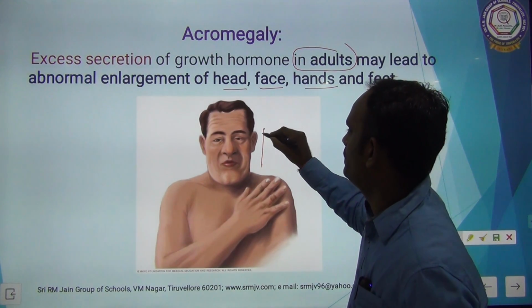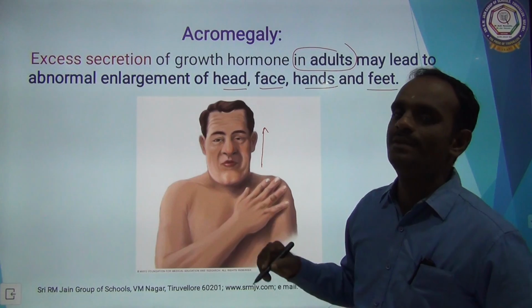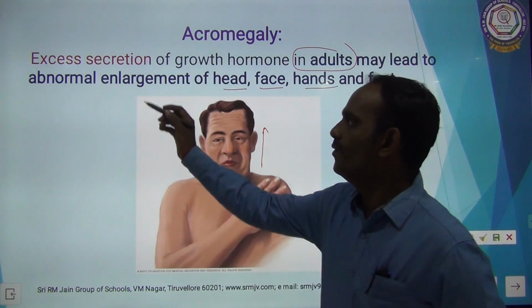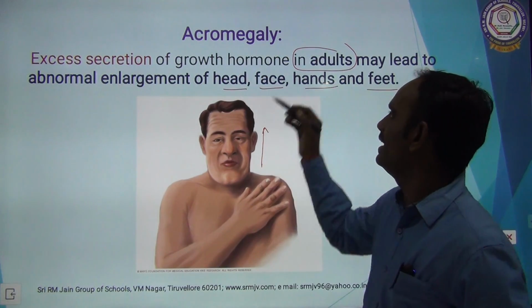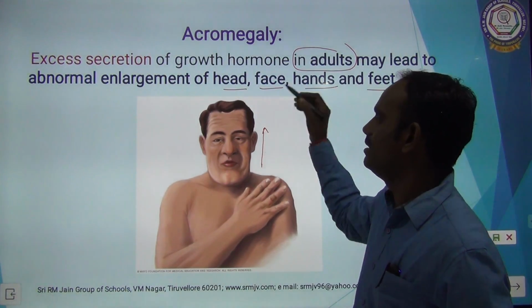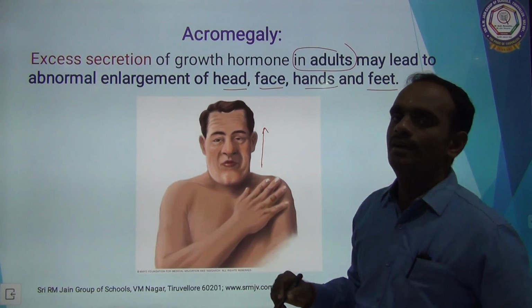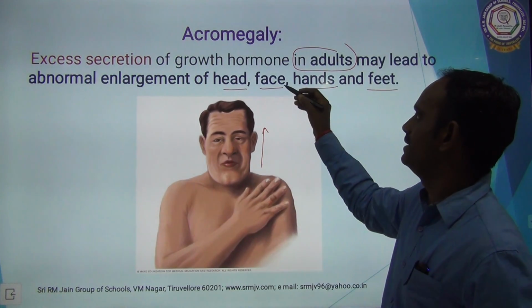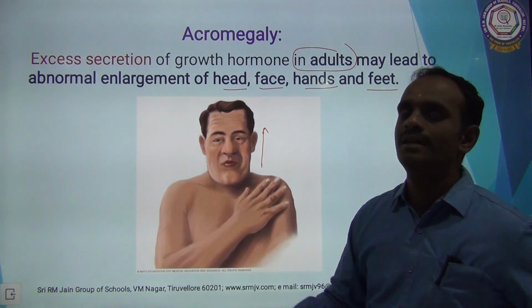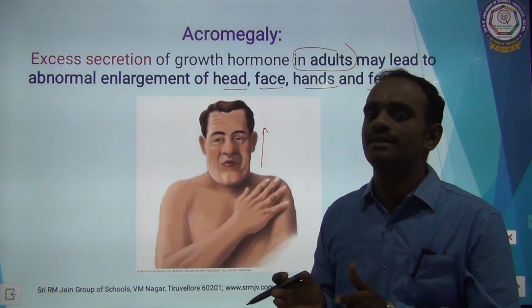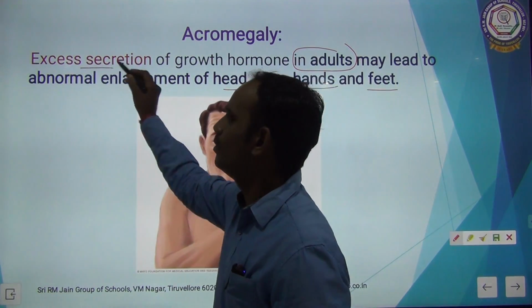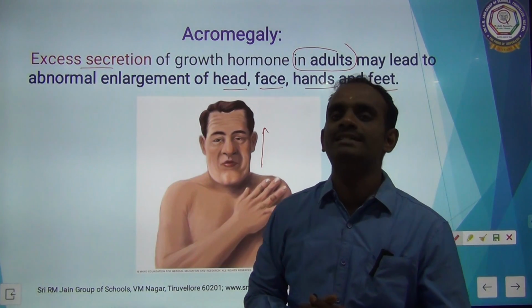They have abnormal growth, and the enlargement is caused mainly due to the over secretion of growth hormone in adults. Not only the face enlarges, it also takes place in the hands, the fingers, the feet, everything is in enlarged size. That is caused mainly due to excess secretion of growth hormone in adults.